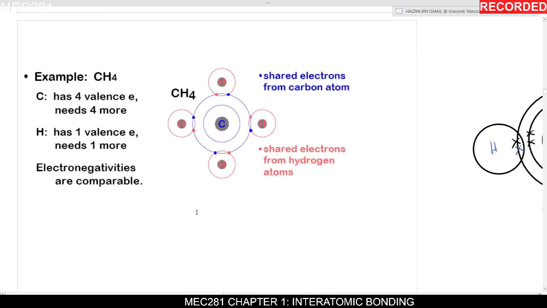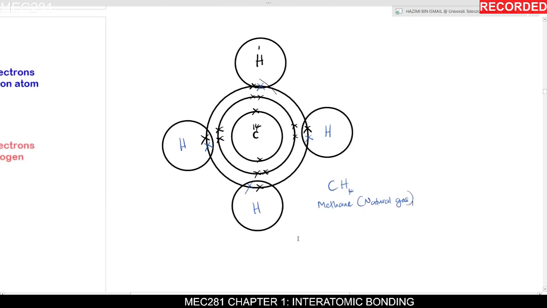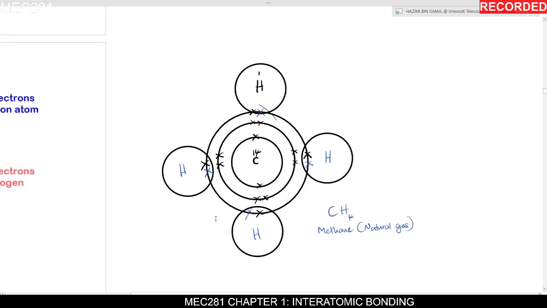So, the properties of covalent bonding. It can be found in gas, liquid or solid form. It has poor electrical conductivity in all phases because the electrons are not transferring from one element to another.